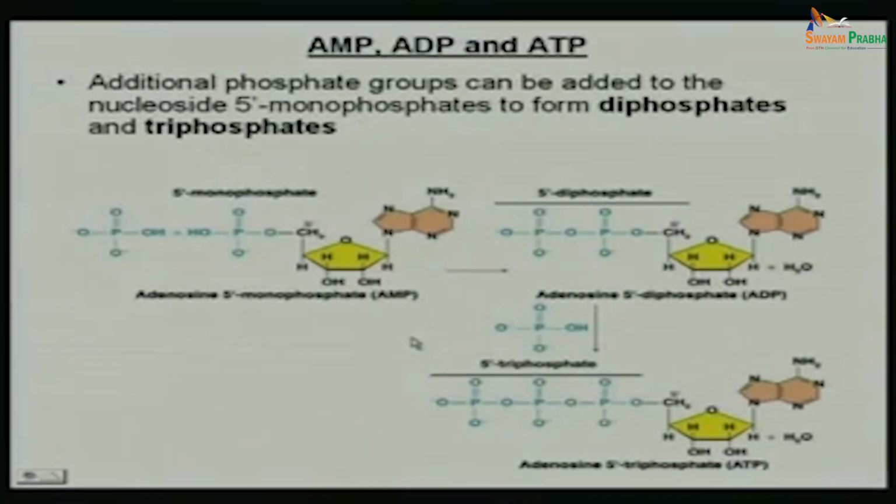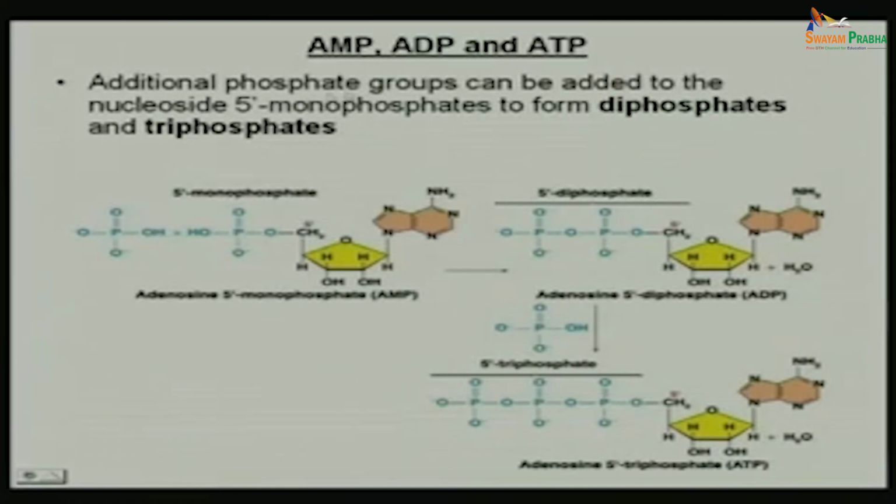Now, when we are talking about monophosphate, diphosphate, triphosphate and so on, additional phosphate groups can be added to the nucleoside 5' monophosphate to form diphosphates, triphosphates and so on. What does it mean?